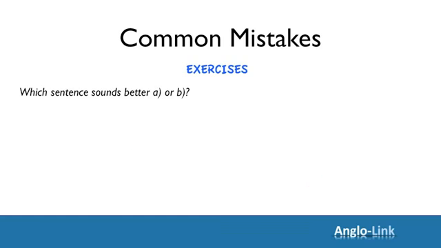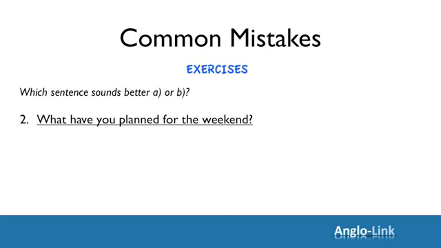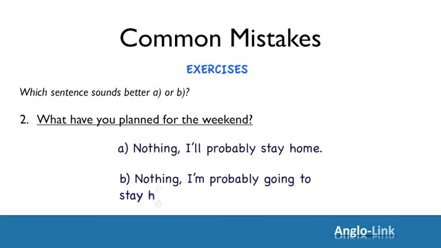Let's look at our second example. Someone asks you, what have you planned for the weekend? Now, you don't have any plans. What should you say? Nothing, I'll probably stay home. Or, nothing, I'm probably going to stay home.